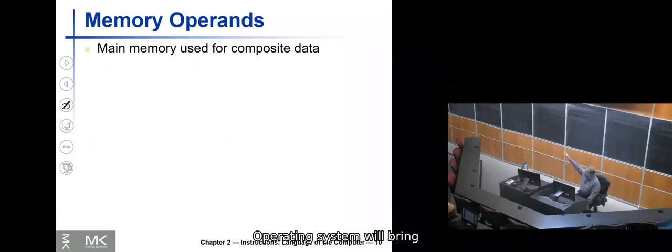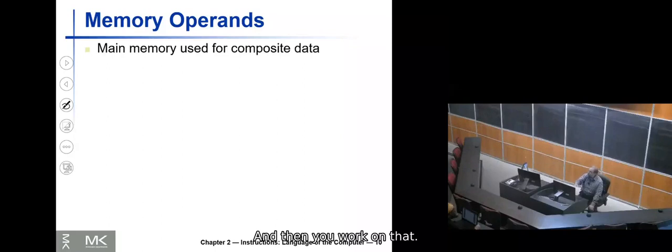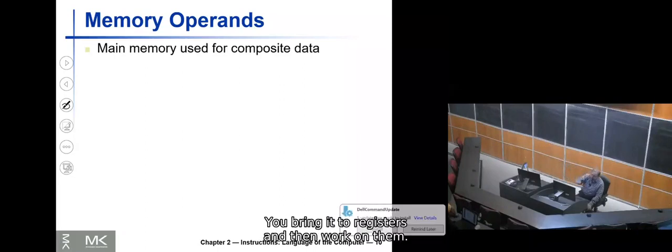The operating system will bring something from the hard disk to memory. And from memory, you should bring it to the registers, and then you work on that. So again, I emphasize this idea: when you want to work on something in memory, please pay attention, you bring it to registers and then work on it.